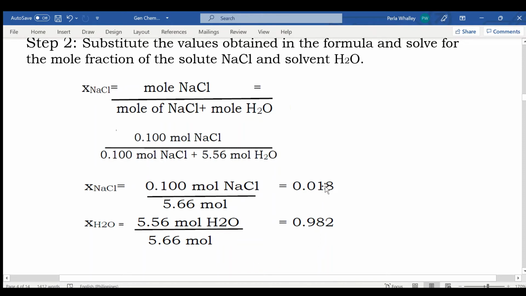Okay, so these are the mole fraction of sodium chloride and mole fraction of water. If you add this up, it will be equal to 1. Okay.